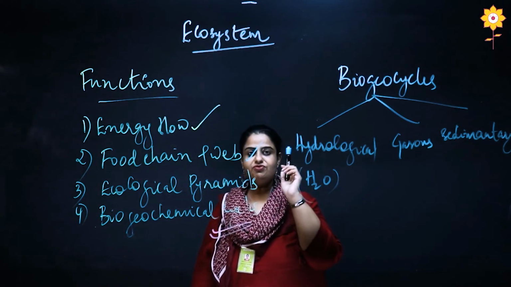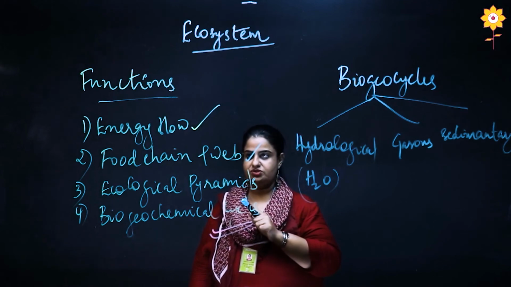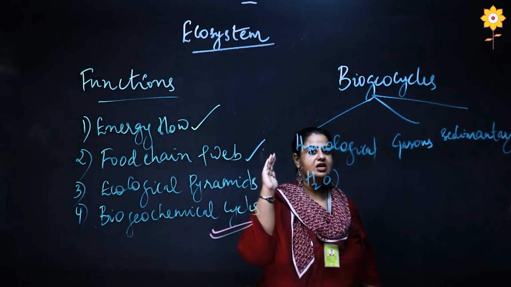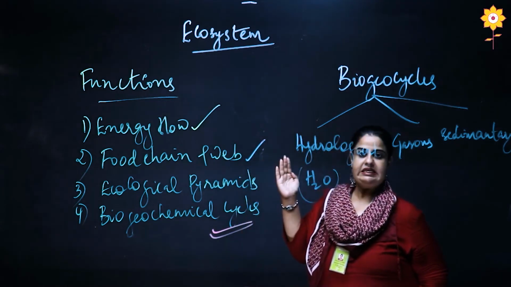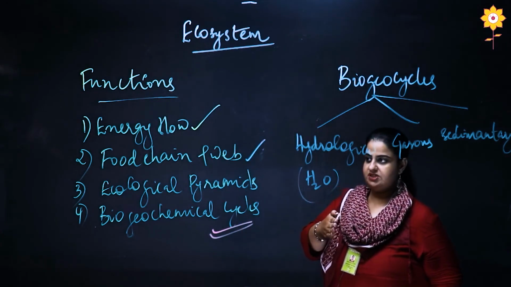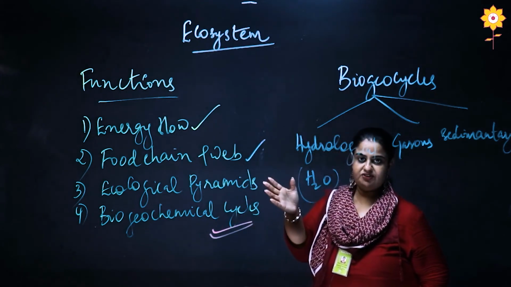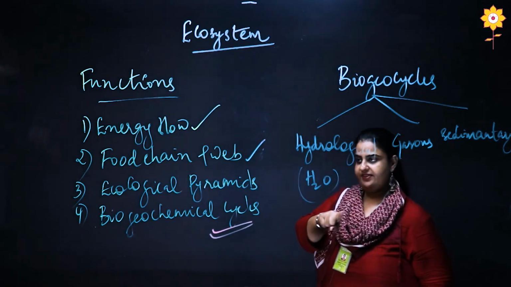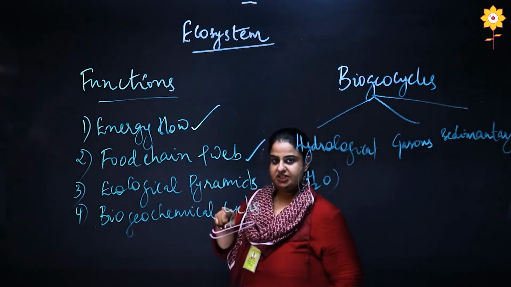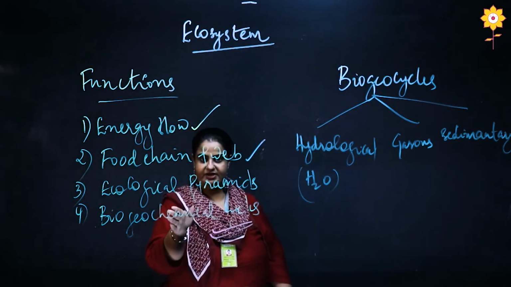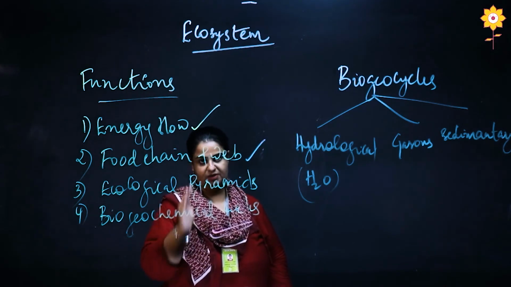So when we focus on the functions of ecosystem, we have to remember energy flow, photosynthesis, producers, consumers, decomposers, food chain, how the energy is transferred from one organism to the other by eating and being eaten, the graphical representation of food chain and food web through ecological pyramids, and then biogeochemical cycle.